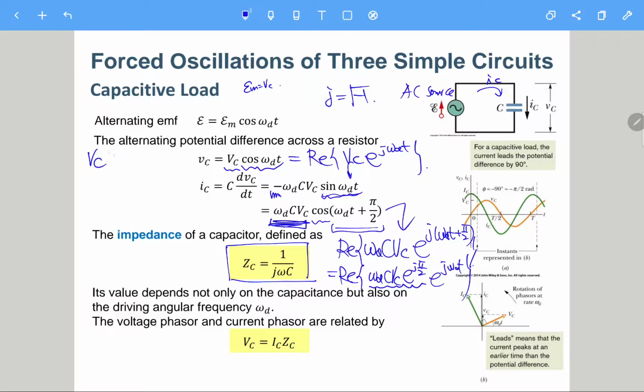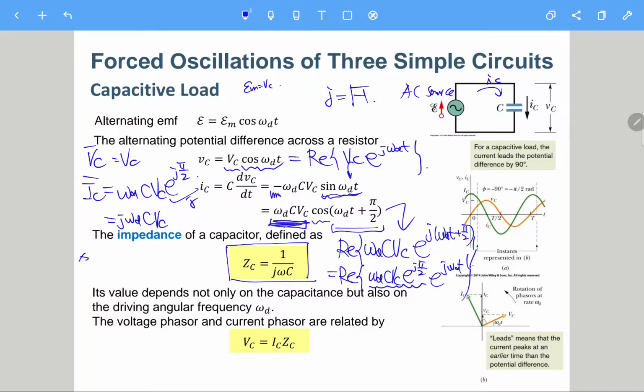The phasor Vc will be Vc, and actually Ic will be omega d cVc exponential to j pi over 2. And actually exponential to j pi over 2 is nothing but j, so this is j omega d cVc.